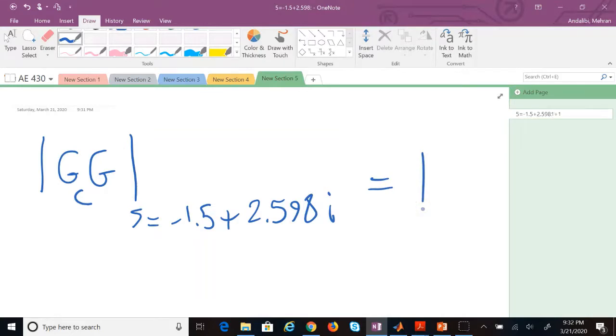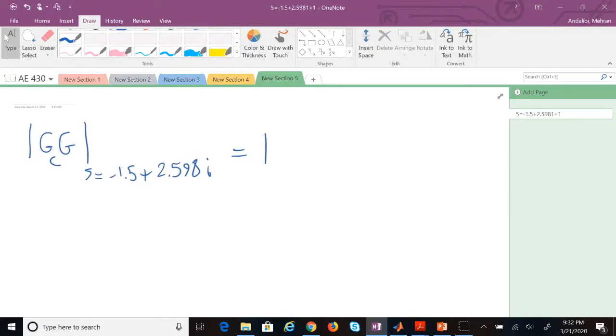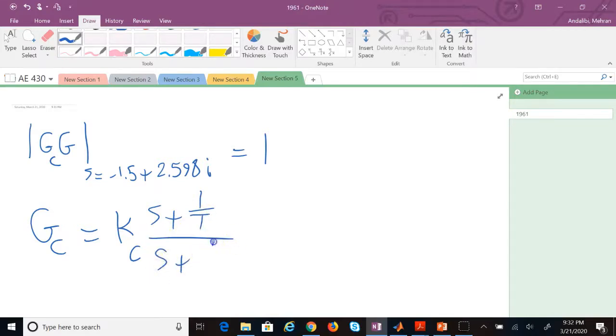Remember, that was the magnitude condition. And what was GC? GC in my case is Kc, which I don't know, times S plus 1 over T, of course, divided by S plus 1 over alpha T.